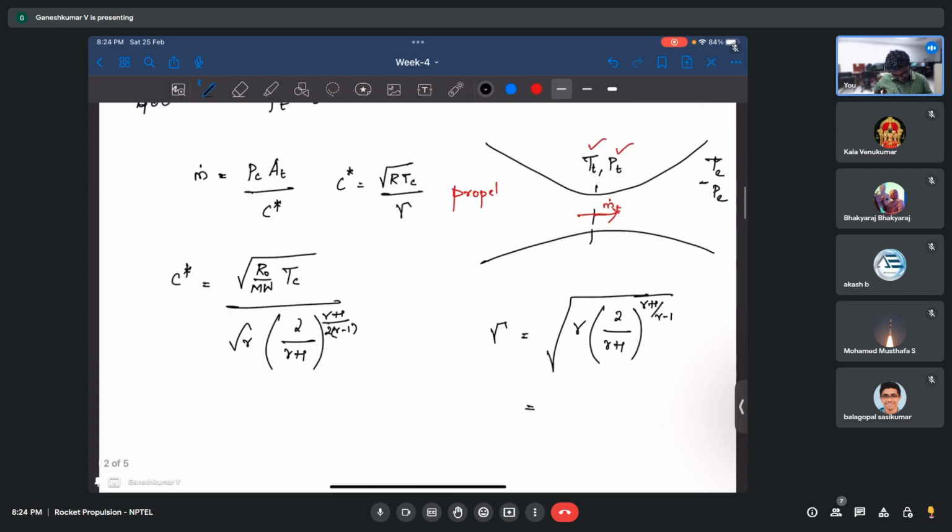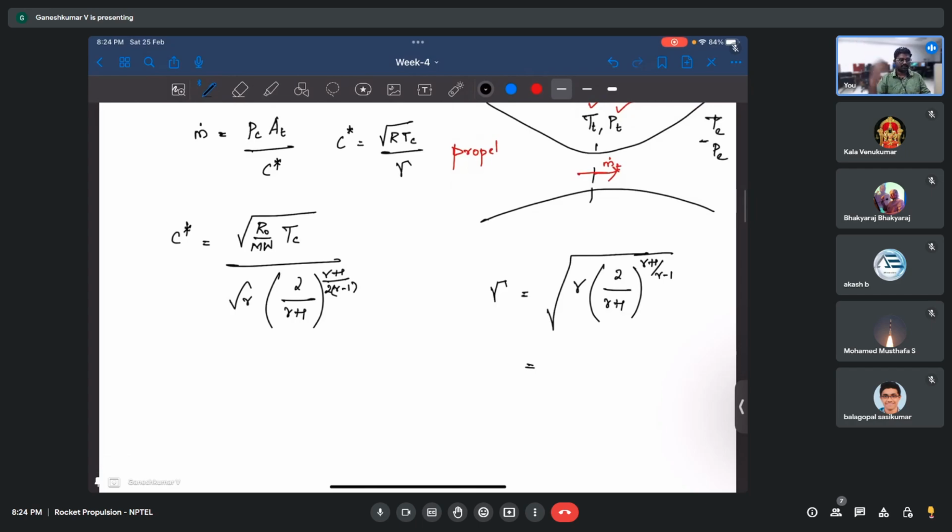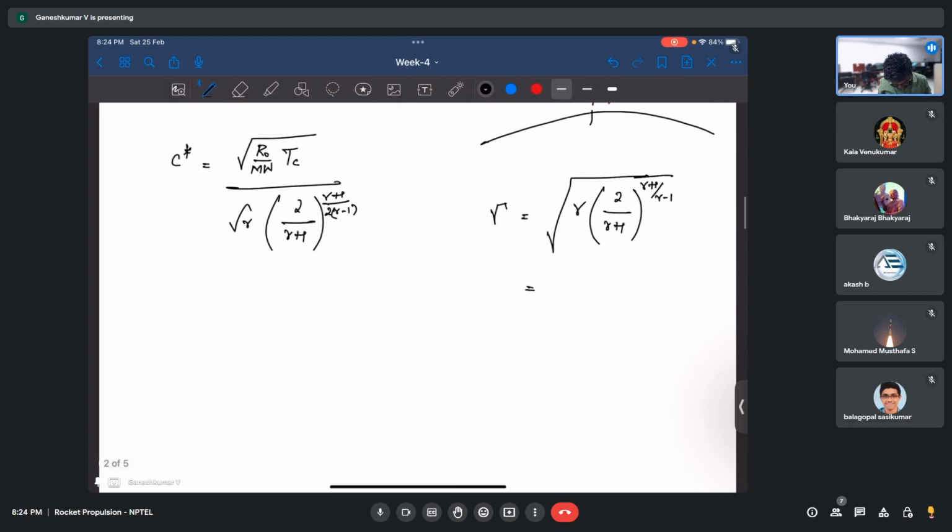So is this approach clear? We know the C star velocity, so based on C star we can find the area of the throat. Once we know the area of the throat, we can find other things like expansion ratio, exit, everything.